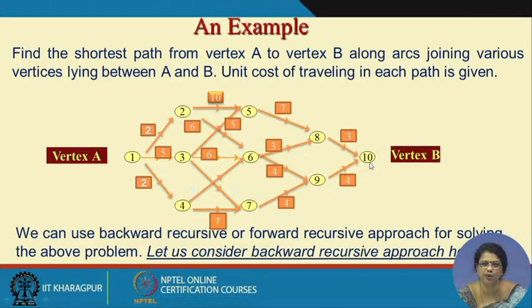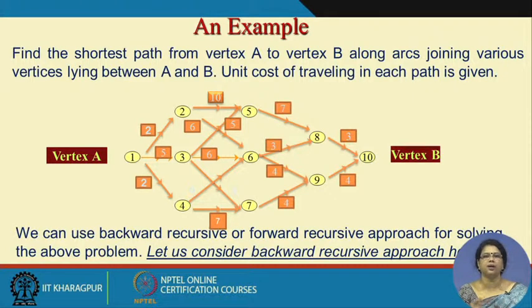This is the forward recursive approach. I will tell you why it is recursive. And if I go from 10 to 1, what path will I follow? If both match, then fine, that would be the optimal solution. That is the approach for dynamic programming, which adopts the forward recursive and backward recursive formulas.